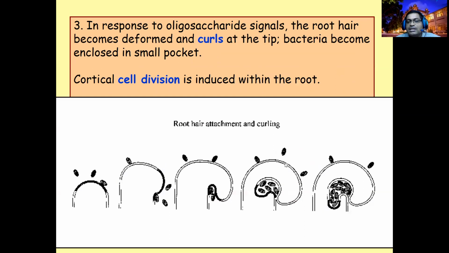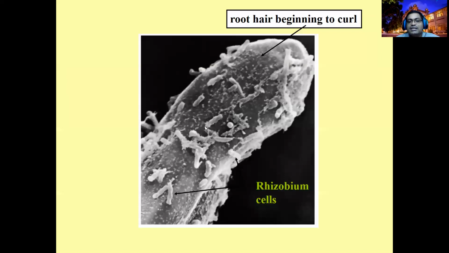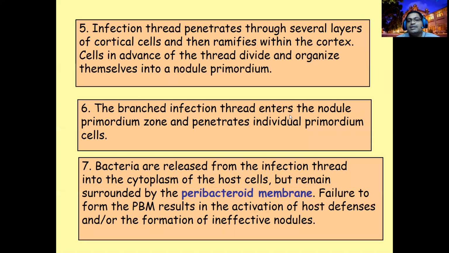Then cortical cell division, the bacteria will penetrate inside and start to induce multiplication of the cells. You see root hair curling, this is another form. The other steps I explained in the picture, right?